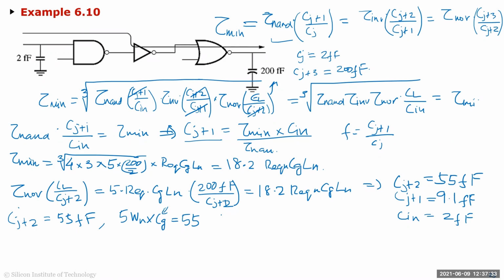So if I use that, 5 times 2, so that implies WN is equal to 55 femtofarad.